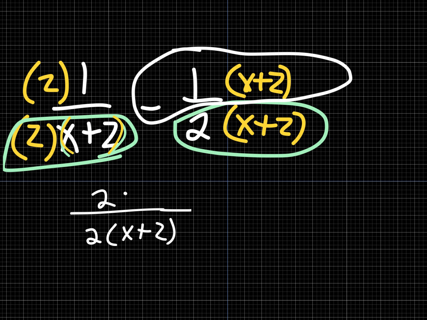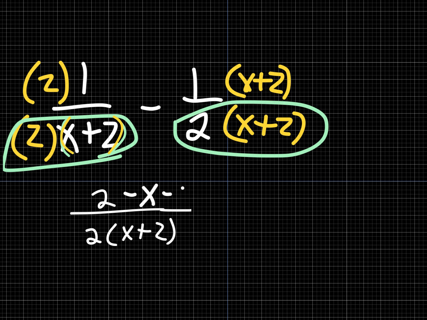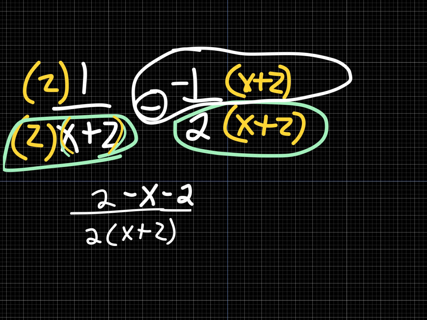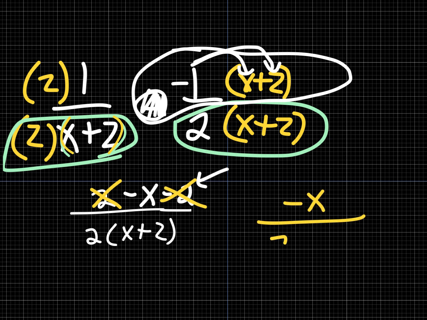They get that it's minus x, but then they think it's plus 2, and it's not. It's minus 2. Why? Because that negative is really on the 1. We've talked about that. And then that distributes. So that is a negative 2 right there, which with the other 2 cancels out. Final answer, negative x over 2x plus 2.